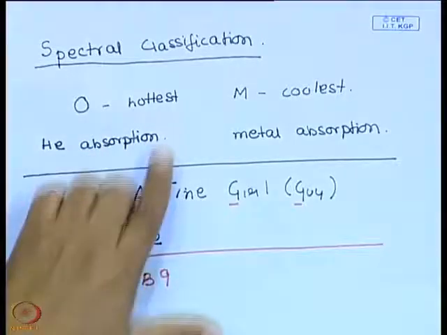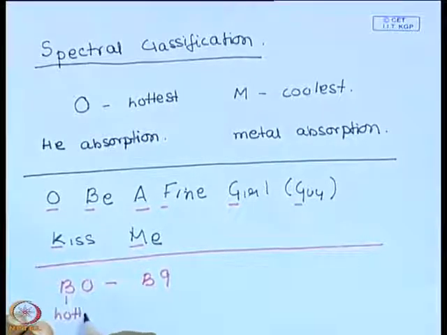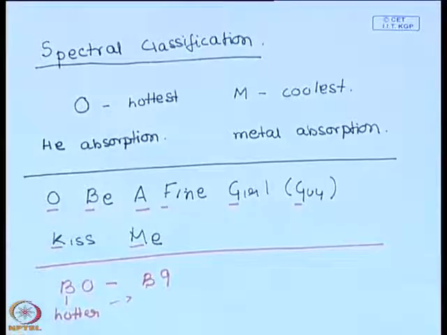For each spectral type, again you have a subtype, subclass, which is labeled by the number 0 to 9, where this is hotter than this. Okay. So, the temperature is essentially inferred from the spectrum straight away.